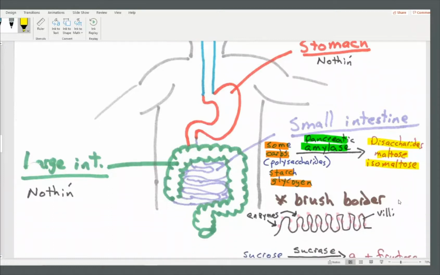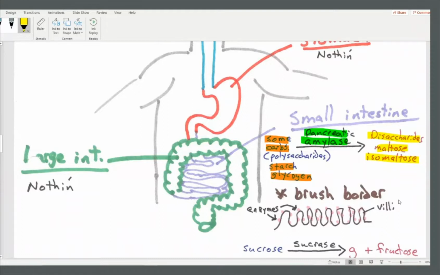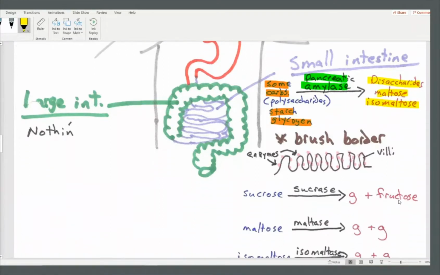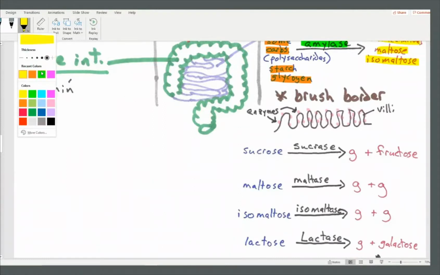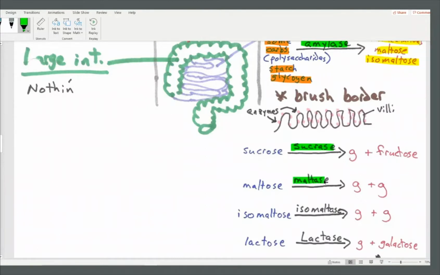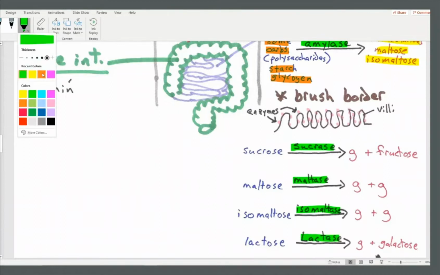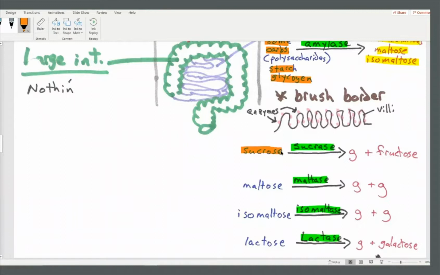Then, on the brush border of my small intestine, I've got more enzymes that are listed in my table. Enzymes are green. Sucrase, we already saw that one. Maltase, isomaltase, and lactase that break down the substrates, sucrose, maltose, isomaltose, and lactose, those sugars, disaccharides, into what products?